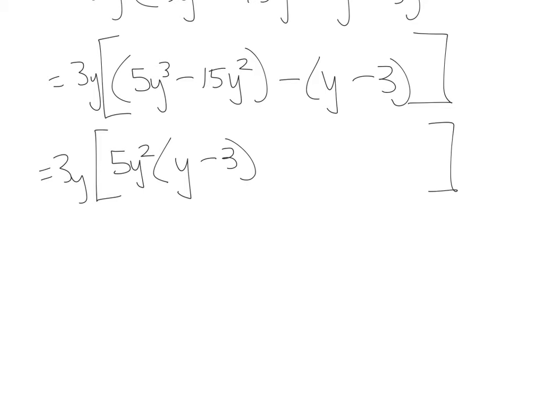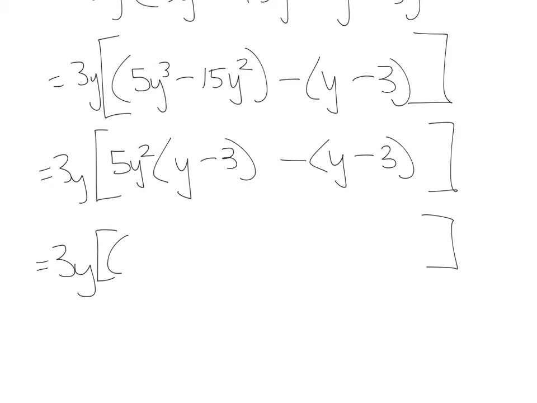Because I can now see that in this chunk and this chunk, I have a y minus 3, I'm now going to factor out a y minus 3. So I've got my 3y, and then my bracket.